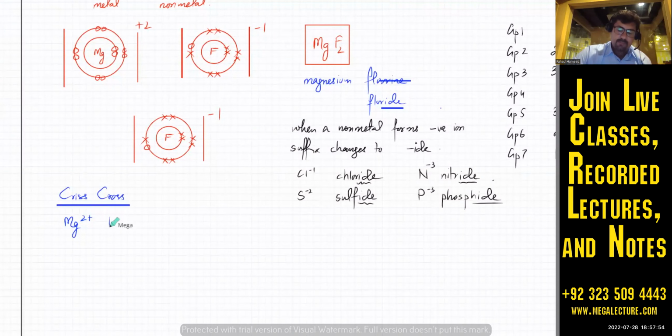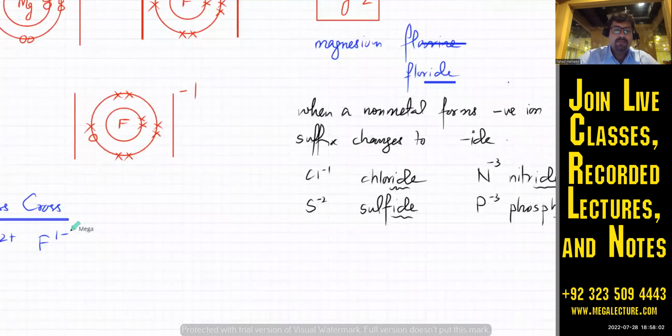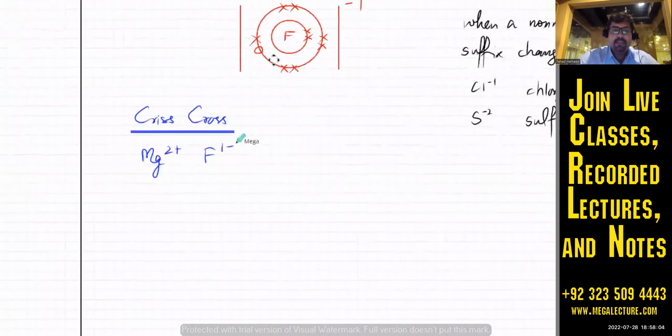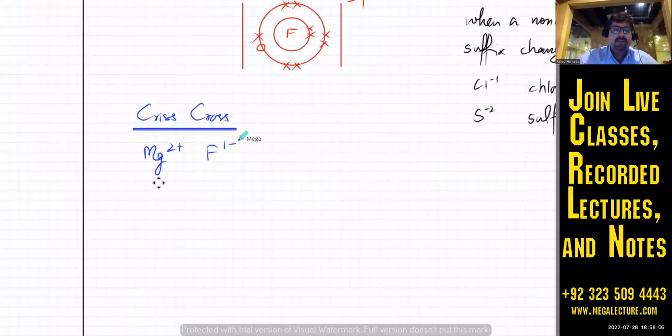I know fluorine is group 7, and group 7 is 1 minus. The charges you can figure out directly by looking at the group number. Group 2 means it's got a 2 plus charge. Group 7 means it's got a 1 minus charge. So you can figure out the charges directly.